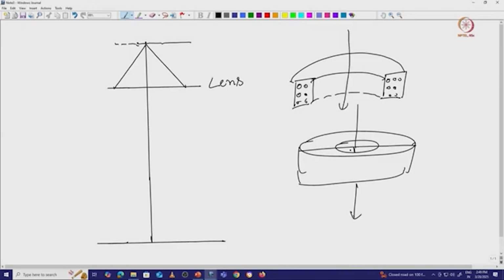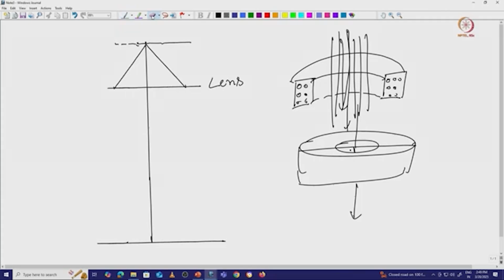So when one ray is going through the center of this electromagnetic lens, there will not be too much deviation. Whatever rays are close to the optical axis will face a similar kind of magnetic field.